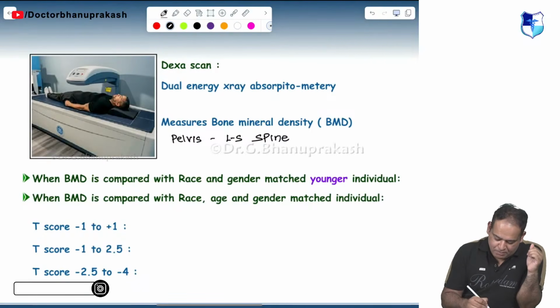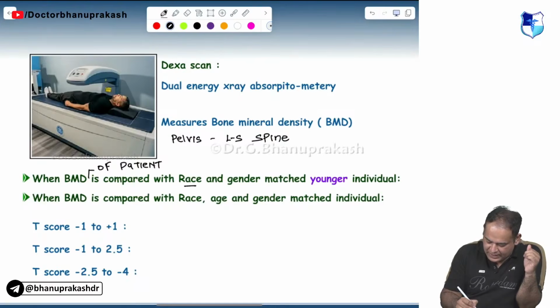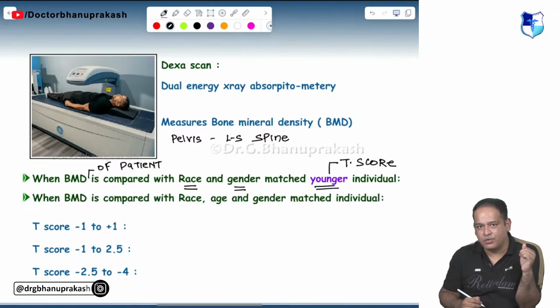Now, when the bone mineral density of your patient is compared with a race and gender matched younger individual, what do we get? We get something called the T-score.